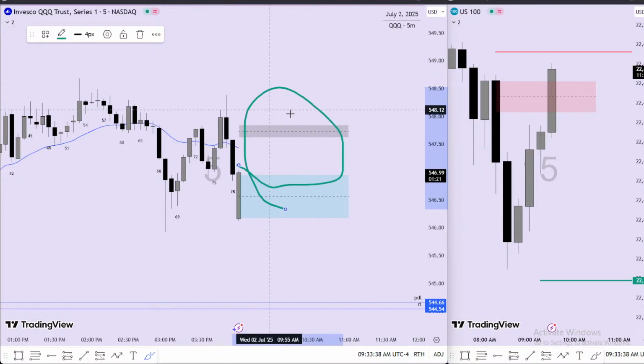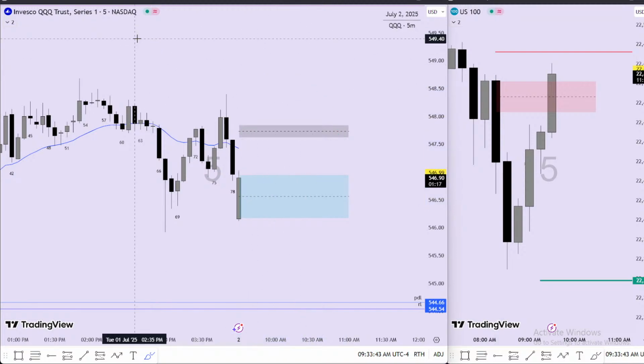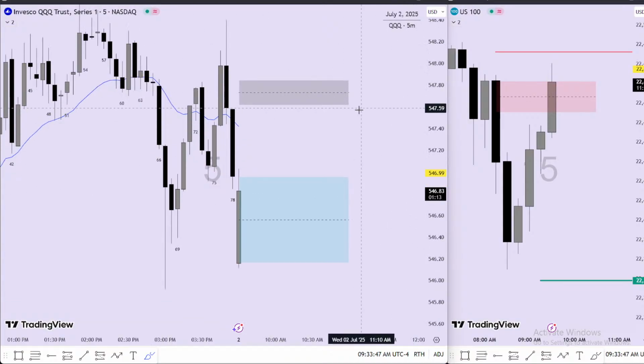If we move above this point and stay above this point, then the 15 minutes breaks, then it's more favorable for the bulls. Otherwise, it's a low probability bullish trade.